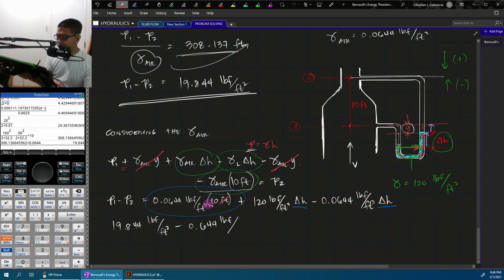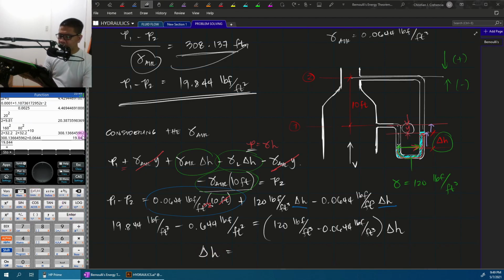So, magiging square foot. Okay, then this will be equal to 120 pound force per cubic foot minus 0.0644 pound force per cubic foot and times delta H. So we can solve for delta H. Okay?